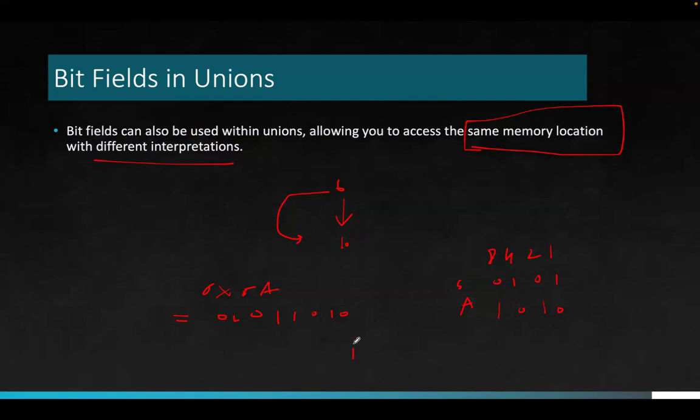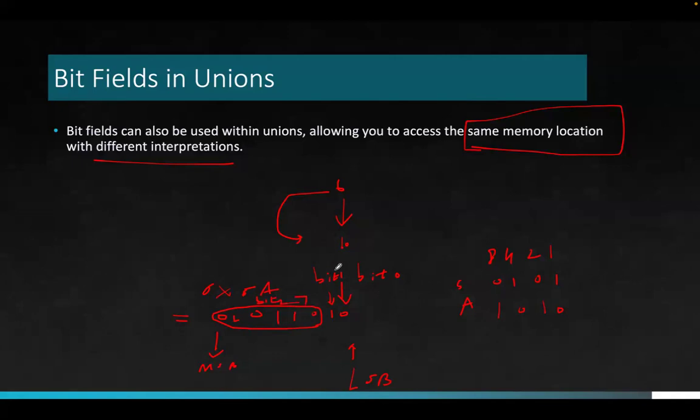Now what will happen? The assignment always starts from the right-hand side to the left-hand side. So this is the LSB and this is the MSB, the least significant bit and the most significant bit. So the first bit is stored in the bit 0 variable, the next value is stored in bit 1, and all the remaining data mentioned here will be stored in the bit 2 to 7 variable.